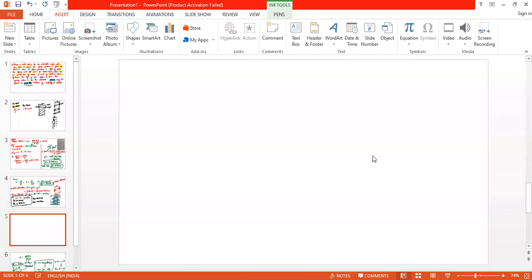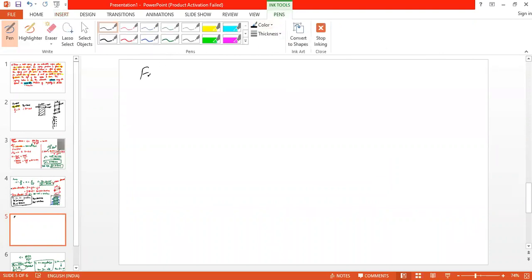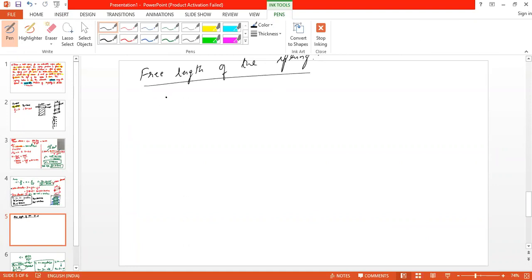To get the free length of the spring, the free length is given by L naught, that must be greater than or equal to, is the equation, I plus N times D plus Y plus A.